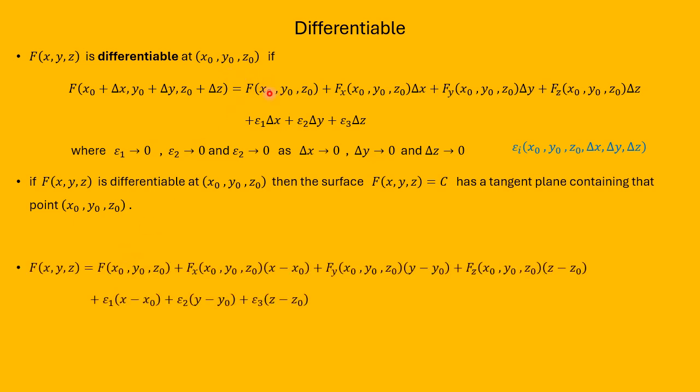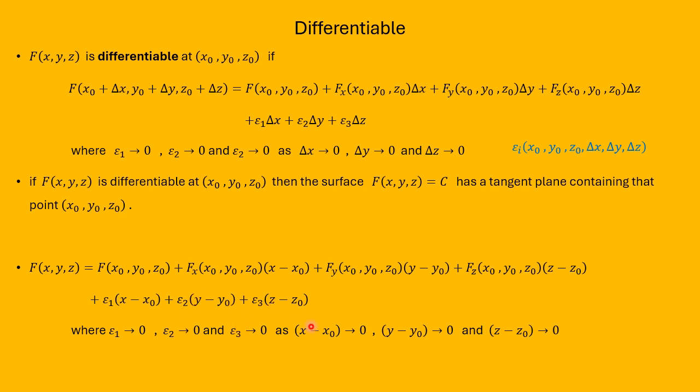Also, this equation up here can be rewritten in the following form. If we let x minus x naught be the delta x that you see here, y minus y naught be delta y, z minus z naught be delta z, then f of x, y, z can be written just straight from up here in this form here. And we still have to have epsilon 1, epsilon 2, epsilon 3 going to 0.